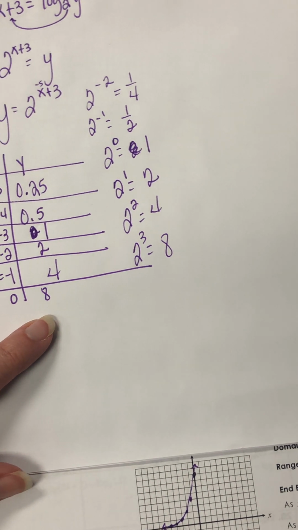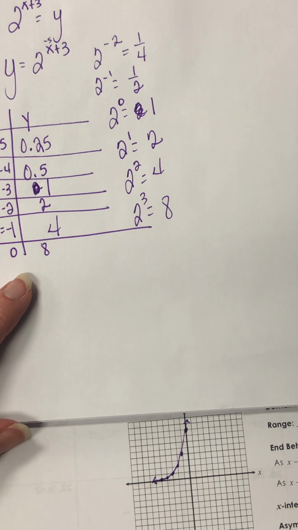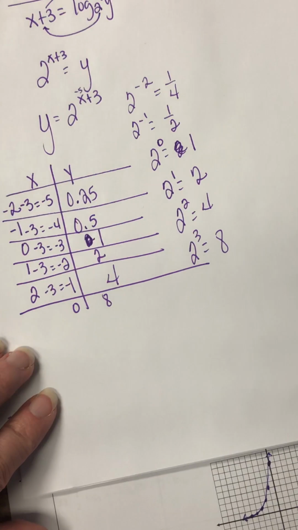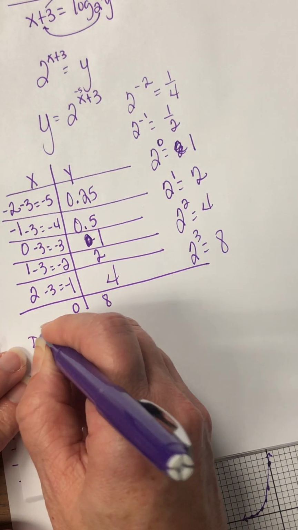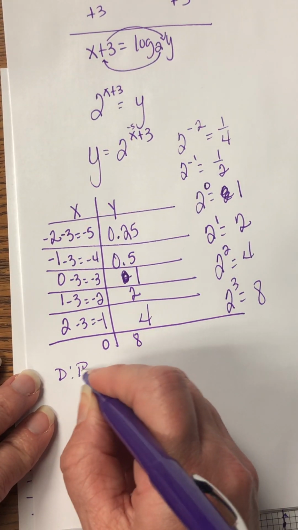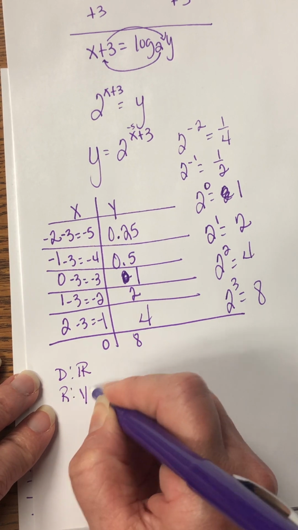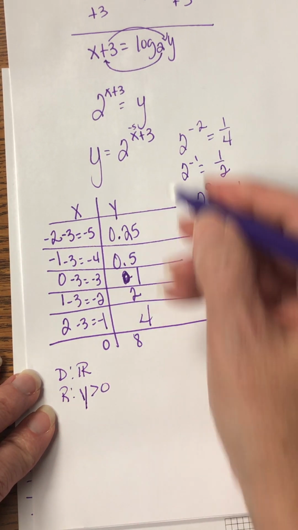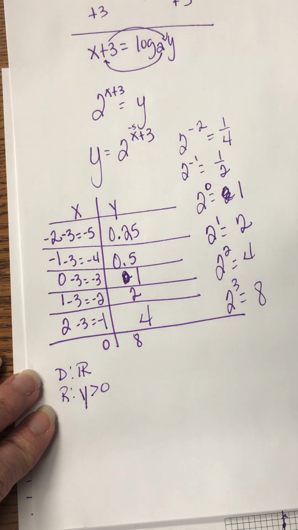Okay, and so this is going to be what my exponential function looks like. Now, as far as my domain goes, we know that it's all real numbers. My range is y is greater than 0 because nothing's added or subtracted outside the function.